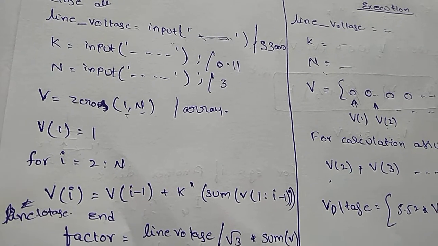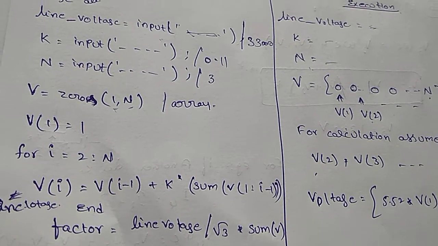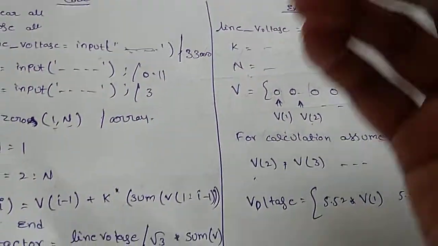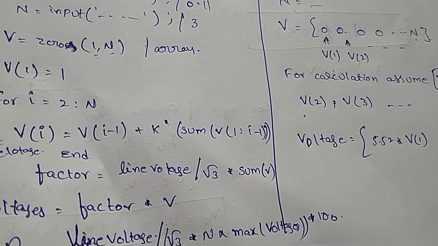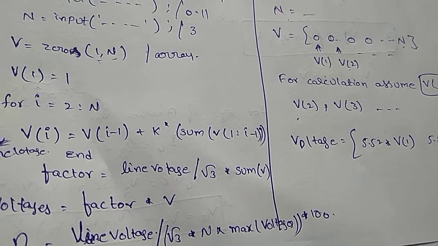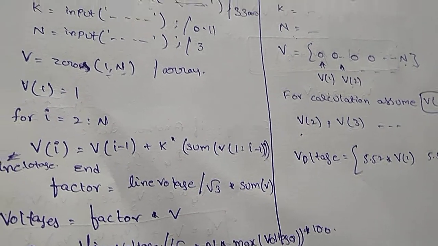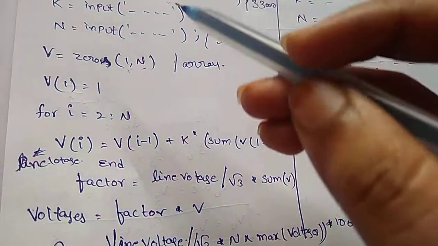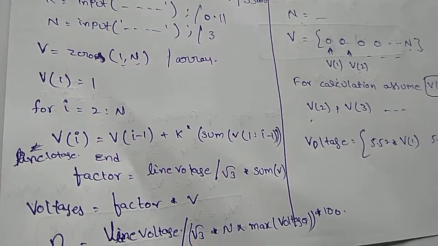Please go through this for further calculations. Initially we are done with V1. We take that V1 as constant and calculate V2, V3 and the total voltage. From this total voltage, we calculate the V1 value. So we assume V1 as 1.